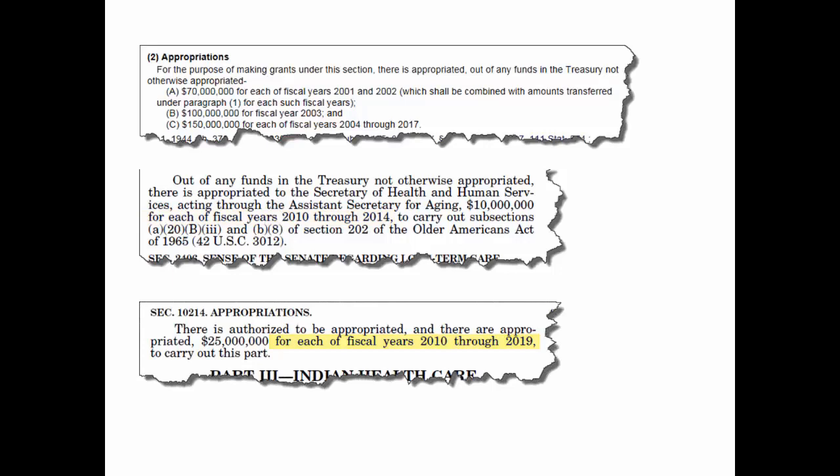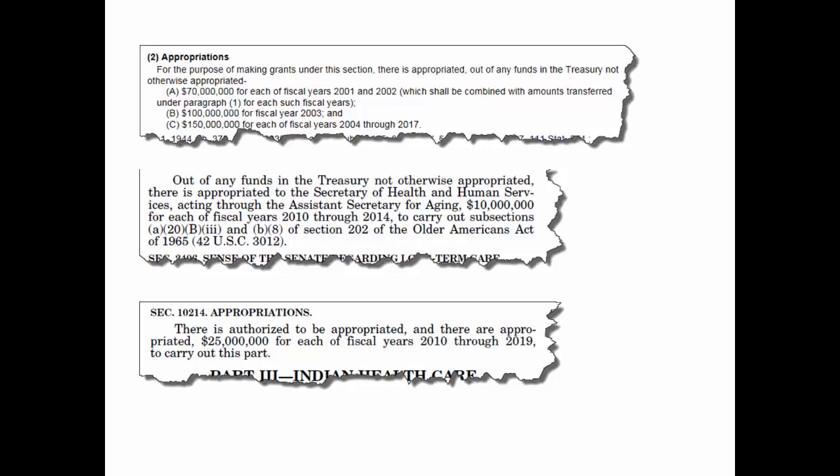But recall that when we saw this language in earlier examples, it was frequently followed by available until expended language, leading to the conclusion that the phrase was not intended to determine the availability in those cases, perhaps serving merely to identify the year the funds were appropriated. In the absence, though, of follow-on available until expended language or extenuating programmatic reasons, these words leave us with the conclusion that the funds are available only for a single year stipulated.